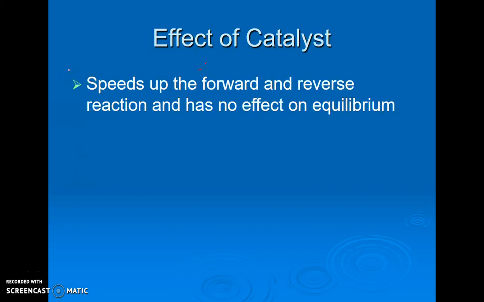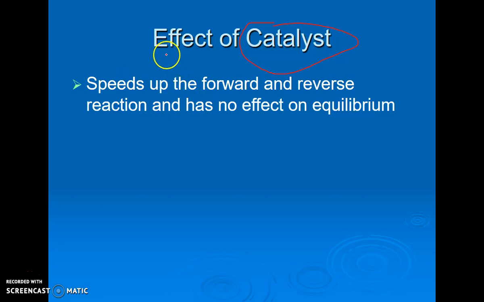Okay. So, the last thing that we need to talk about, and this is easy, is the effect of a catalyst. A catalyst, in case you don't know, is something that speeds up a reaction. We're going to talk about this much more in not the next unit, but the following unit. Catalysts speed up both the forward and reverse reaction.